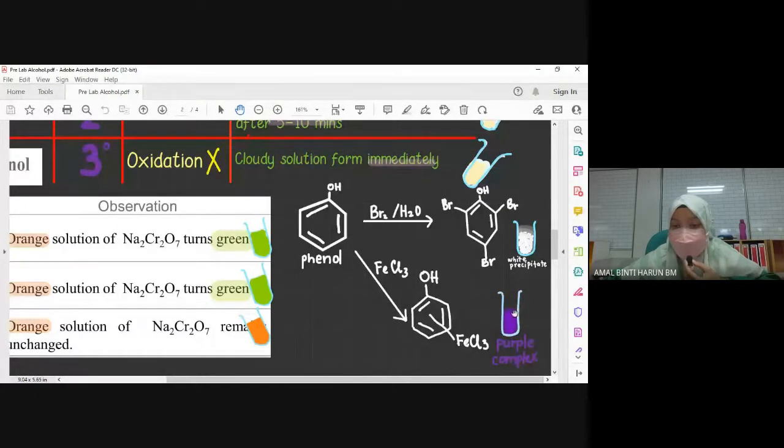Okay, and then tapi kita tengok dekat test tube kita dapat purple. That mean alkohol itu adalah aromatic alkohol. So kalau alkohol biasa 1-pentanol, 2-pentanol, butanol semua tu aliphatic alcohol, it will give negative towards bromine water and FeCl3. Okay, so dua test ni adalah khas untuk phenol.